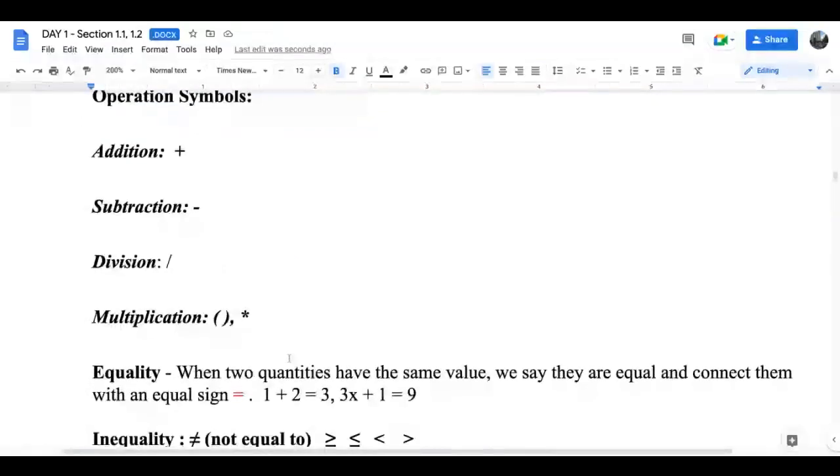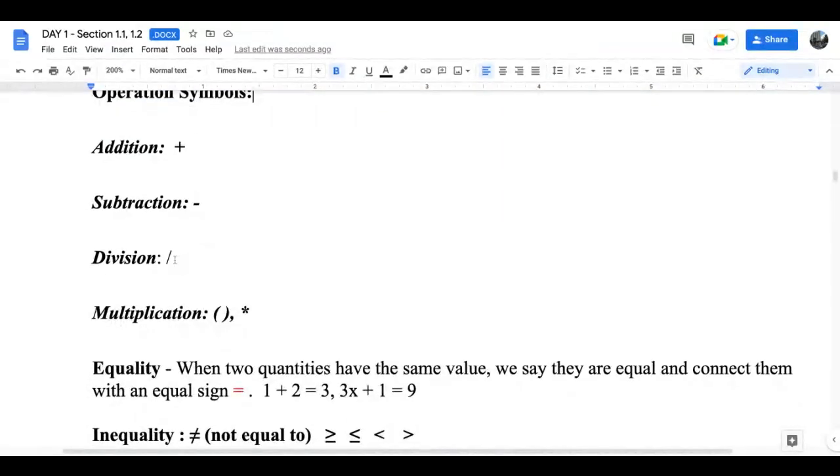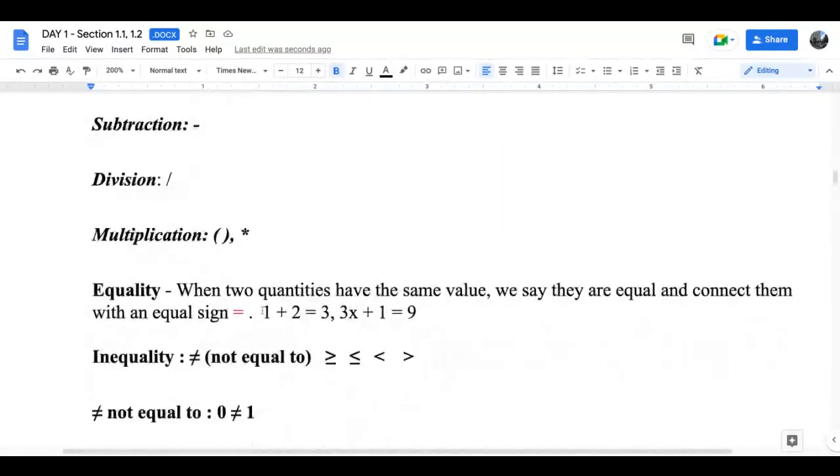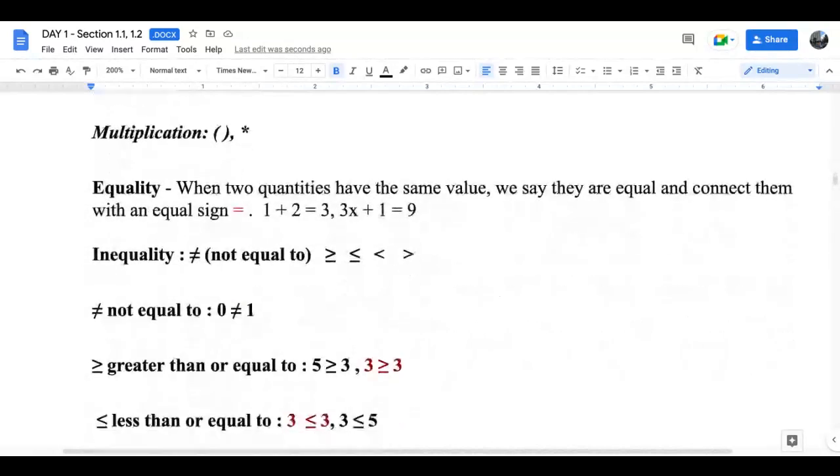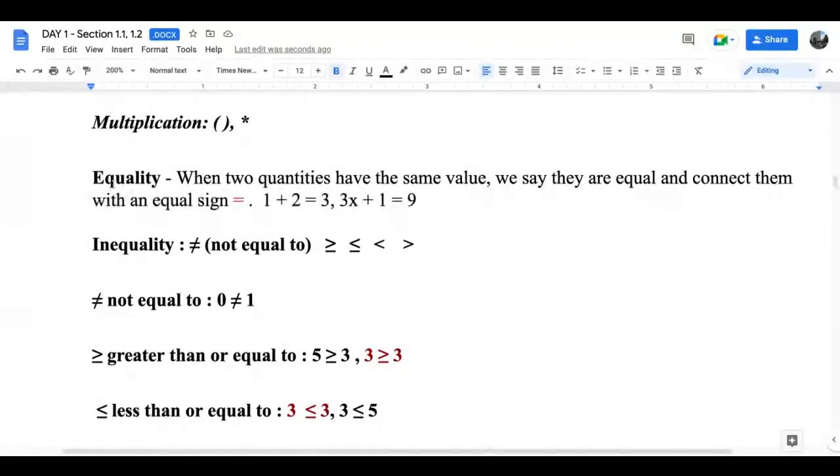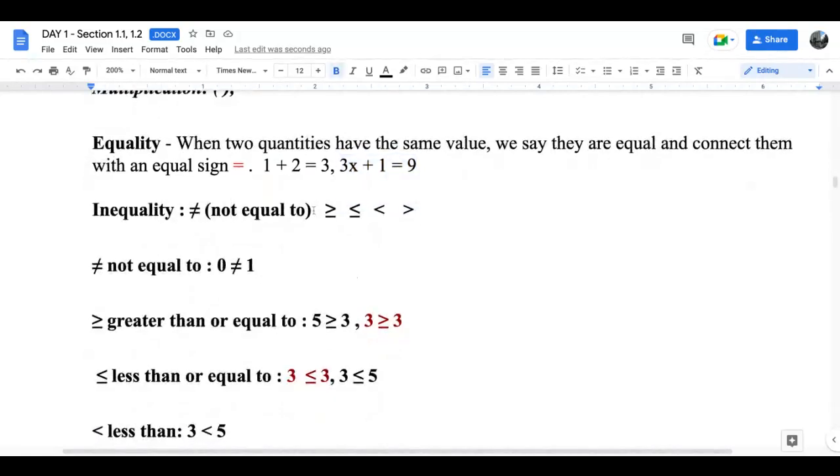Operation symbols: plus, minus, division, multiplication, and equality, right? When we put the equal sign, 1 plus 2 equals 3, that becomes an equation. 3x plus 1 equals 9, that becomes an equation. Inequality, right?